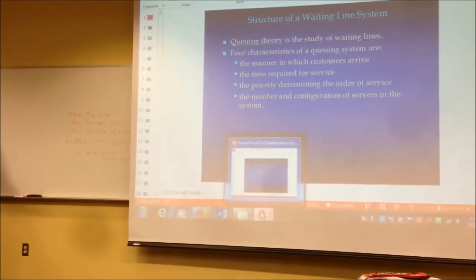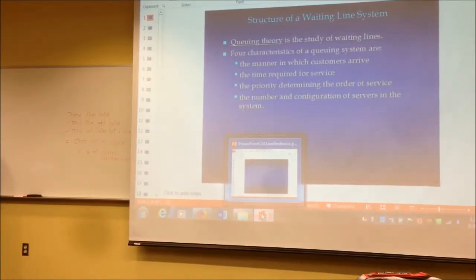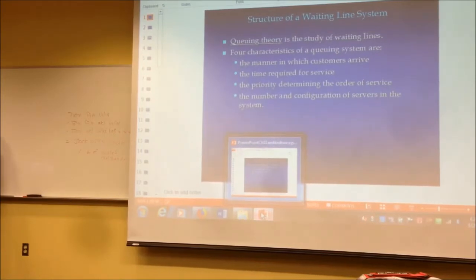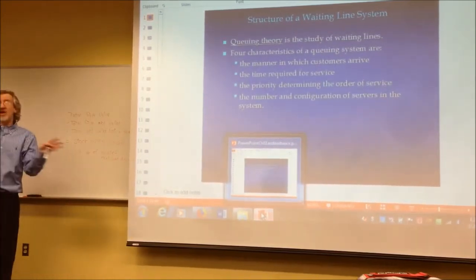If there's more than one teller, or more than one ticket taker, or more than one car wash that a car has a choice to go towards, or more than one ATM machine as the car is pulling up, that's multiple channels, so you know that it's this one. And if there are multiple channels, it can only be this one, because we're not going into multiple channels on either of these two at all. That's another hint. All right, that's the hardest part.